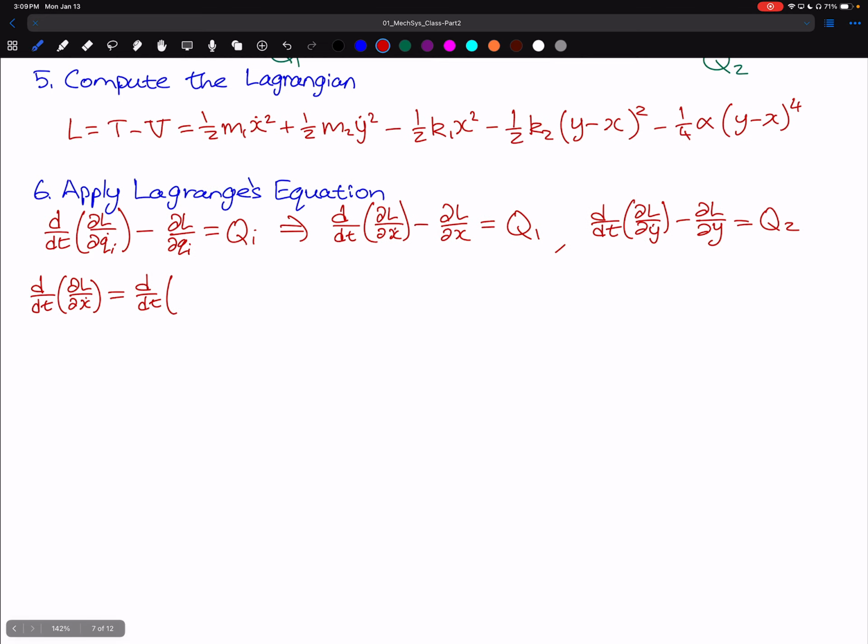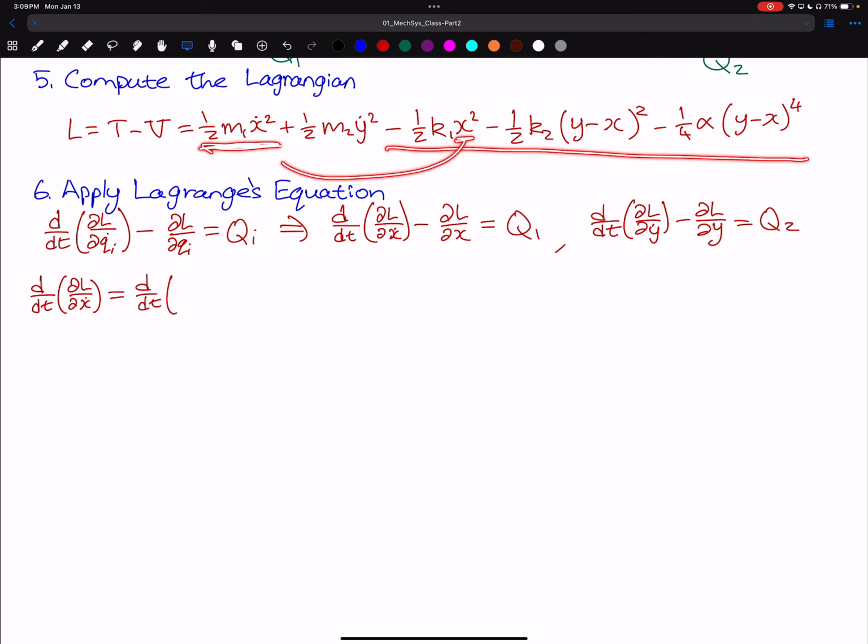Looking at our Lagrangian, we only have an x dot in the first term right here. There's no other x dot anywhere else. We're going to ignore that this x is related to this x dot and pretend that they're totally separate variables, meaning that we're only looking for terms that have an x dot in it. The only term that has that is here. We'll take a derivative of that. The 2 will come down, and we'll get m times x dot.